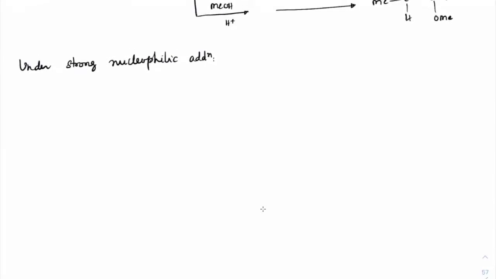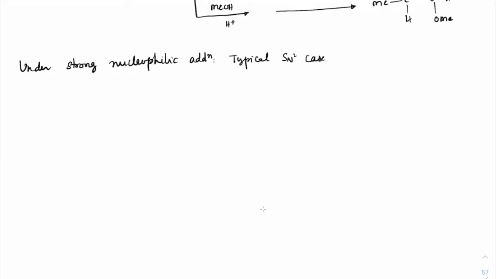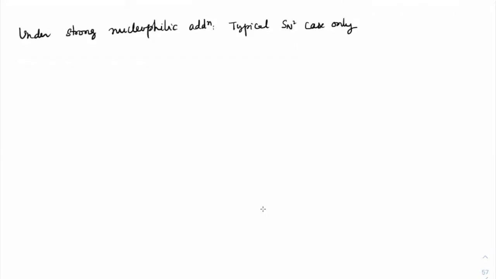What happens if you take strong nucleophilic addition? Strong nucleophilic addition, which means in case the nucleophile is strong, like if I take basic medium, then it will be a typical SN2 case only. So for instance, if I take this oxirane and treat it with NaCN.